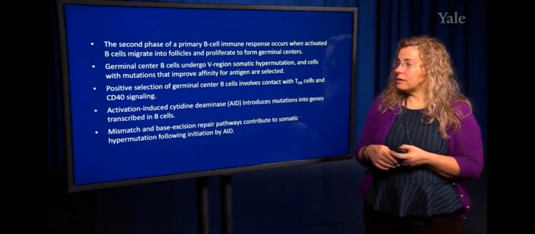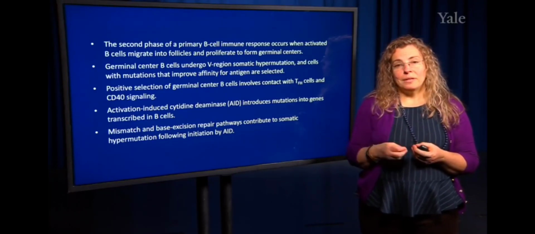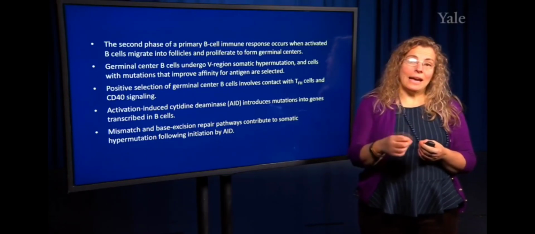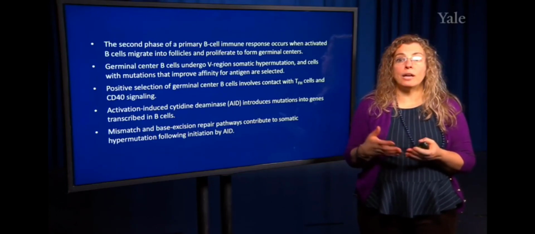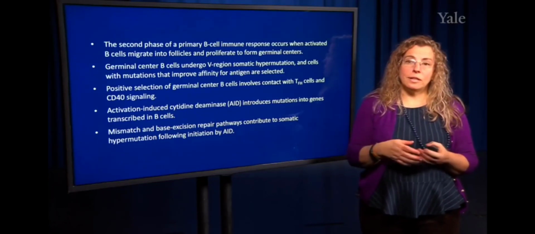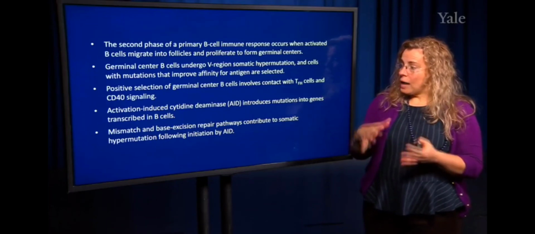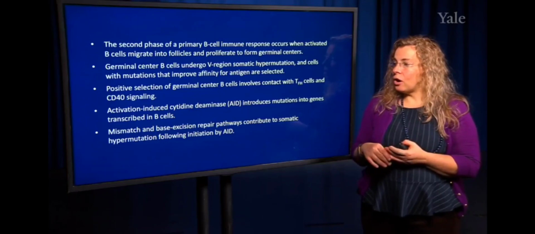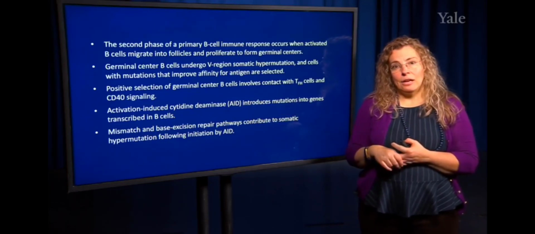There will be positive selection for the B cells that have antibodies that mutate where the binding actually improves, because some mutations might result in an antibody with a decreased affinity, and those B cells will actually simply die off. This process is mediated by an enzyme called activation-induced cytidine deaminase, abbreviated AID.